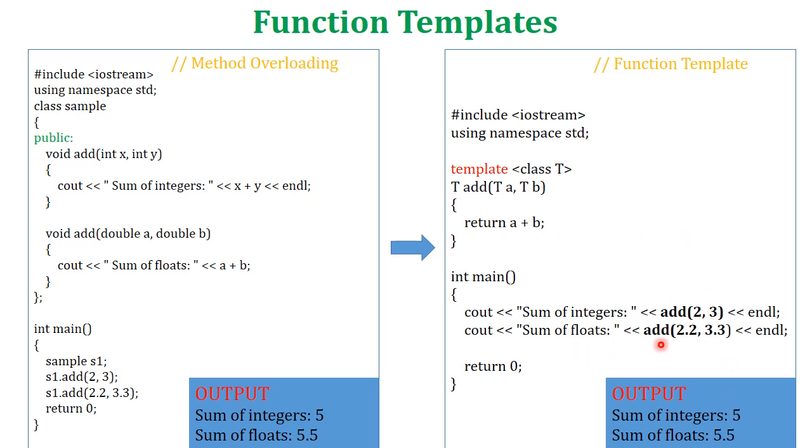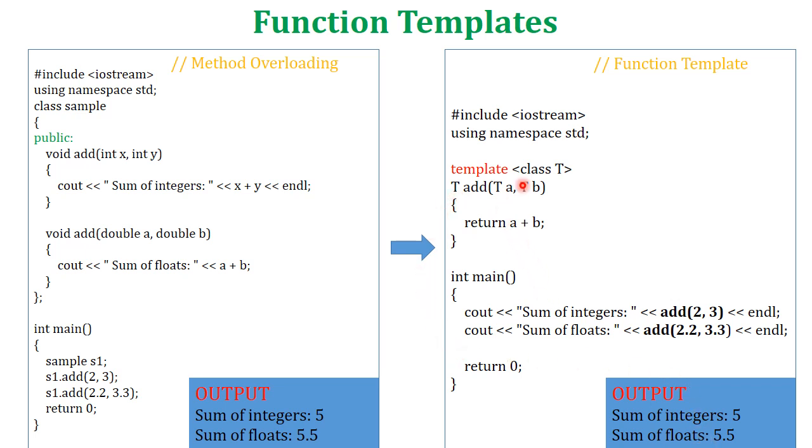Again the control comes to the main program. Then we invoke the function with different parameters, for example 2.2, 3.3. In that case the first T becomes double and the second T becomes double. Then we get the input, it does the operation, and finally the result is returned. The returned result belongs to double, so this T also becomes double. Finally we get the result 5.5.